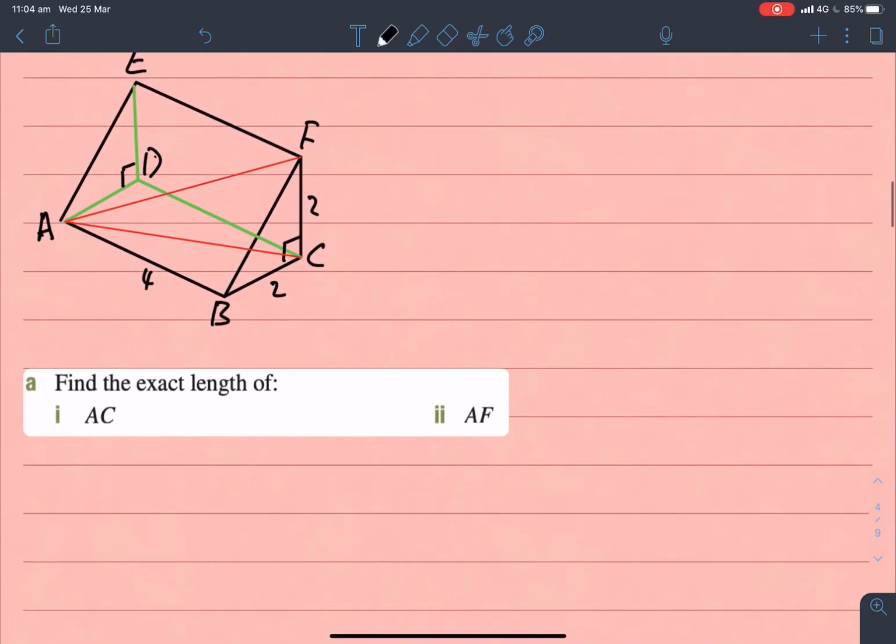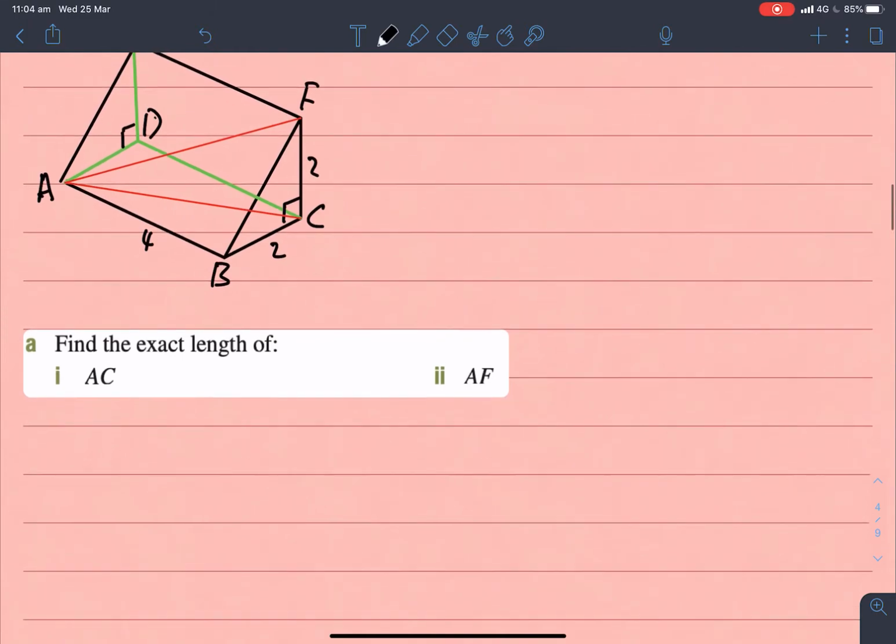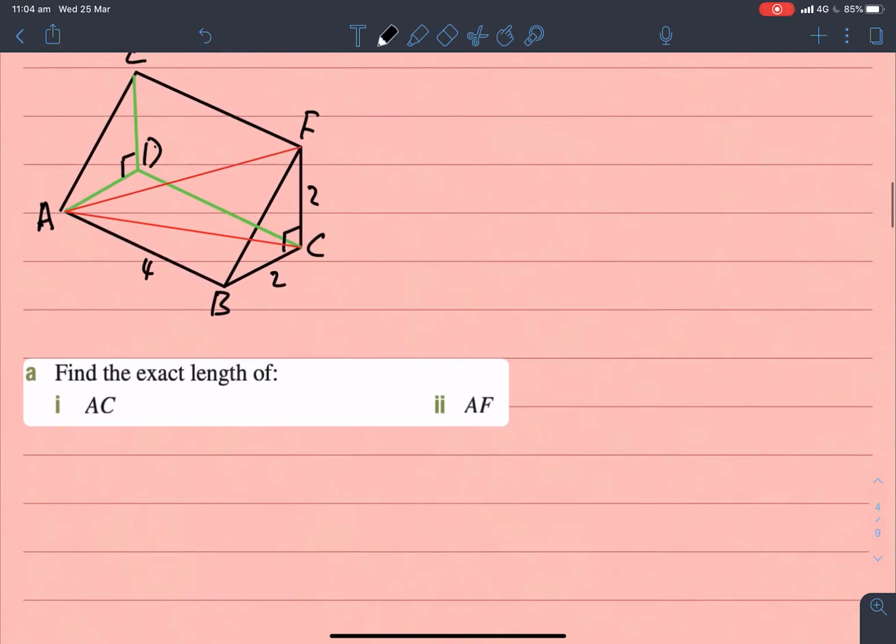So to find the exact length of AC, let's draw the plane ABCD first because AC is on ABCD. Okay, so let's do it here. So we have A, B, C, D, and we're looking for AC.